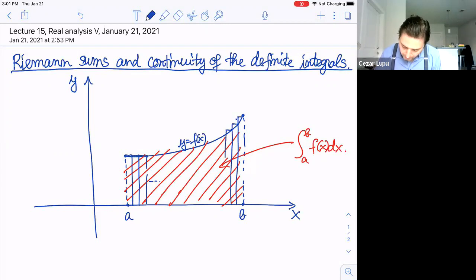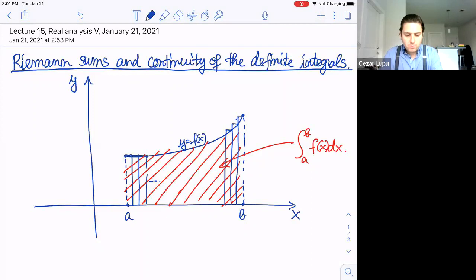Well, maybe this is not the best approximation, but you can still do it, right? And you cover the area of this. As you can see, there is something left out there. There are some other ways of approximating this by using trapezoids or a combination between rectangles and trapezoids and so on. But anyway, I'm not going to go into that.